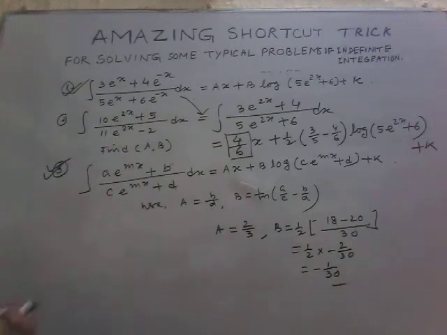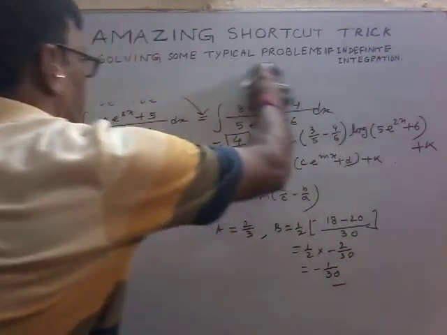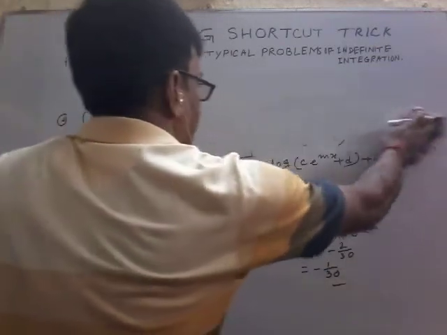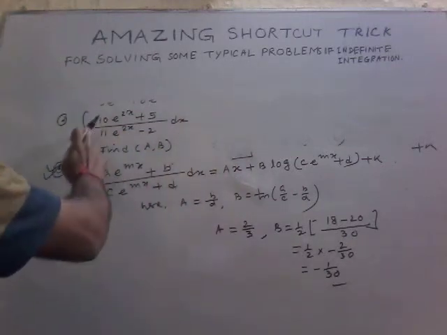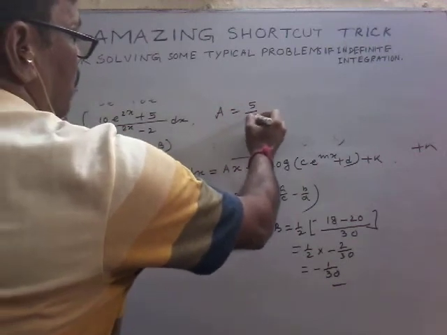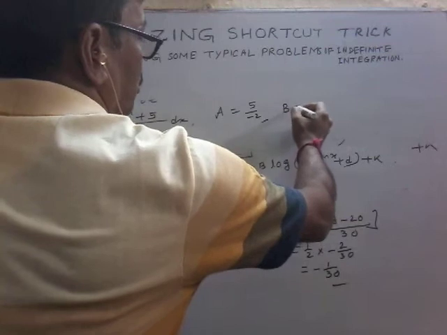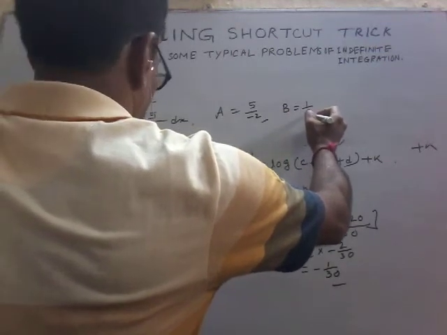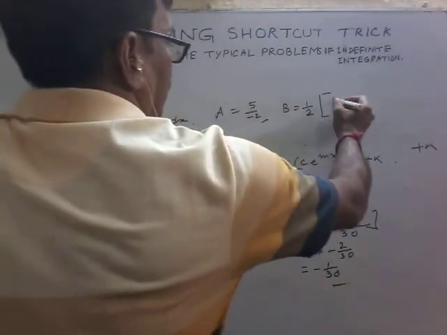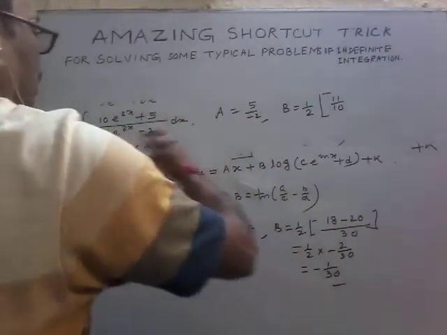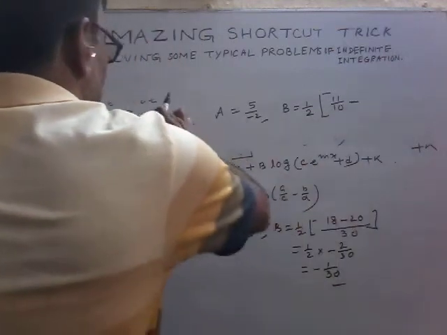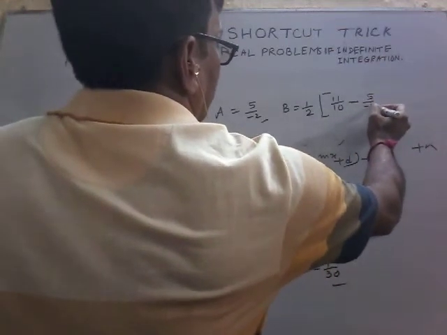Now look, for problem number 2, it is given in direct form. So what is A? A equals 5 by minus 2, and B equals, m is 2, so 1 by 2 times (10 by 11 minus 5 by minus 2).